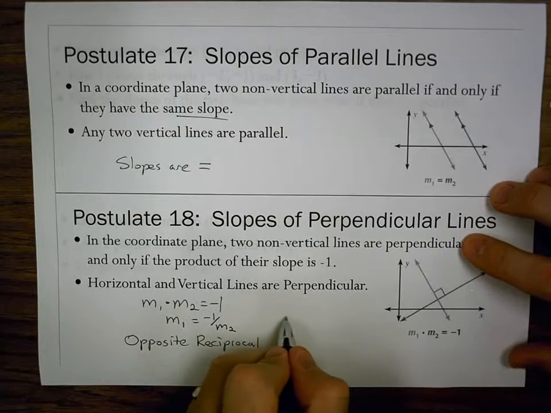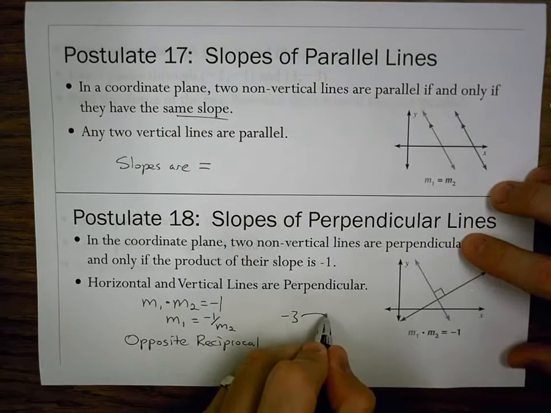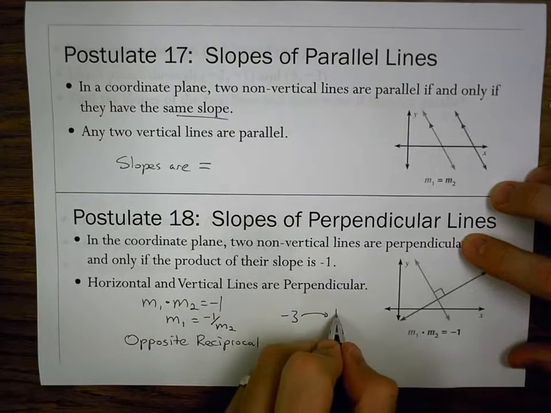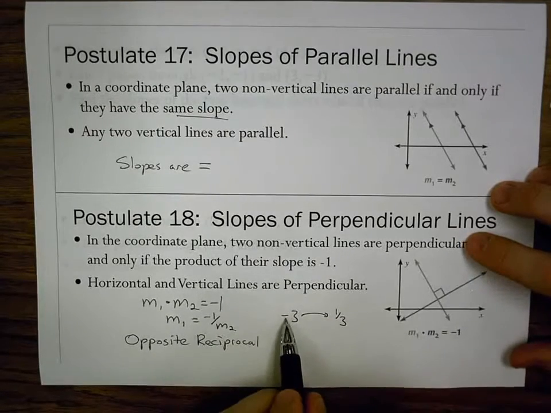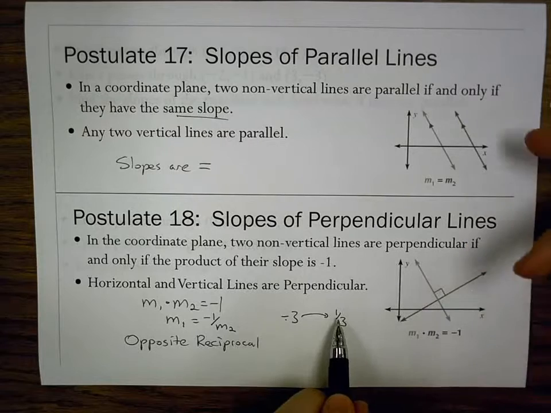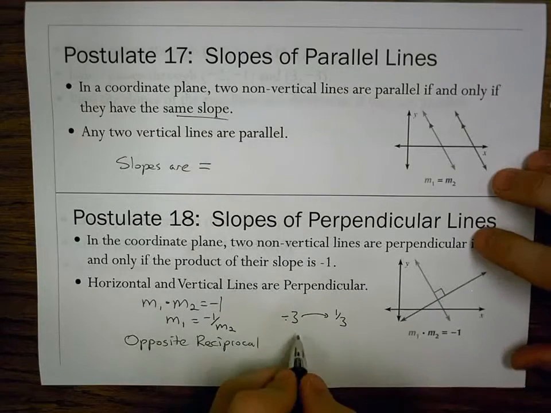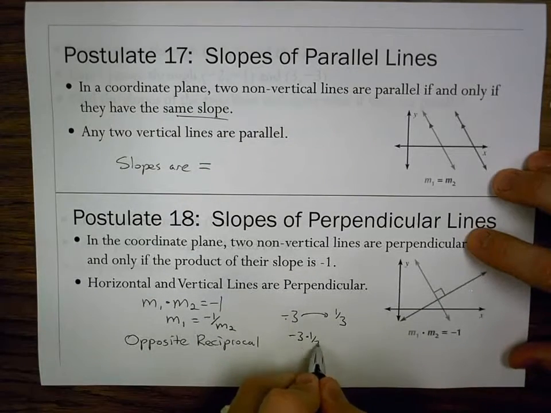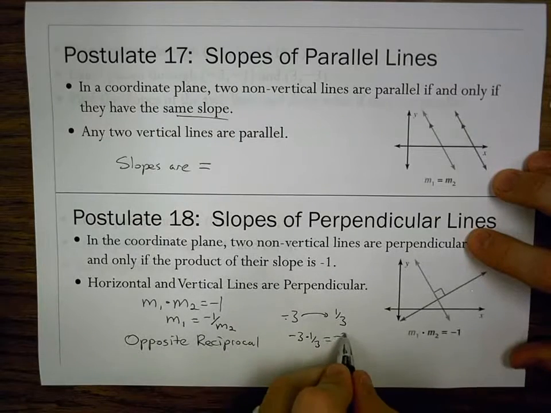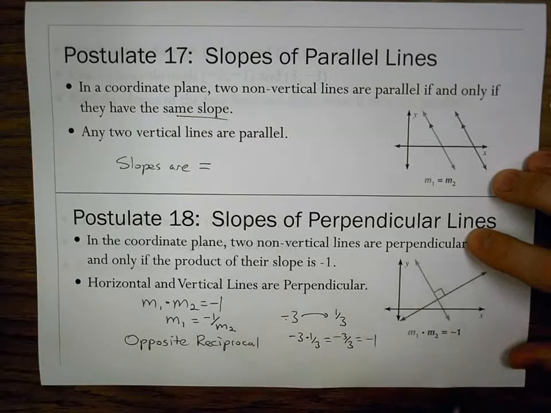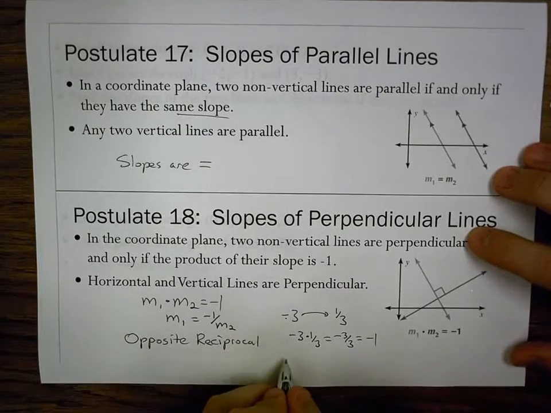So let's try that. If I had negative 3 and I took its opposite reciprocal, I would have positive 1/3. I changed the sign and flipped it in a fraction. If I checked that and multiplied the two, it comes out to negative 3 over 3, which is negative 1. So that works.